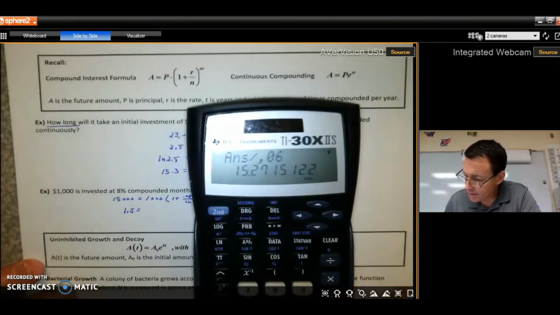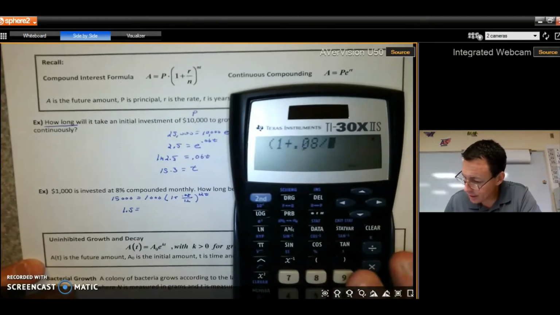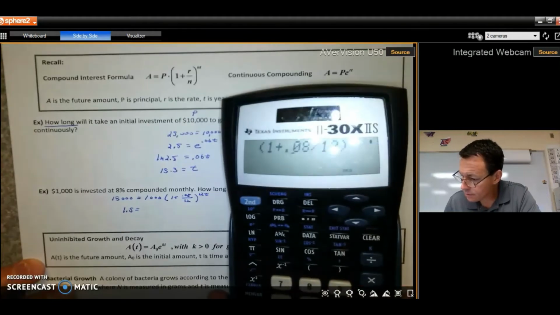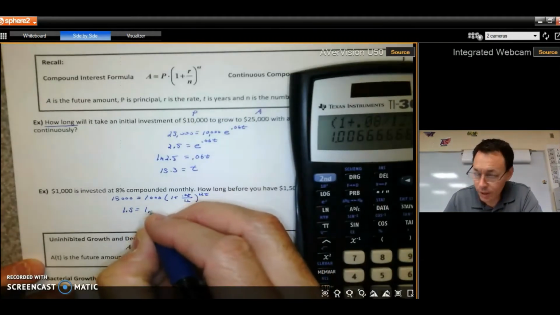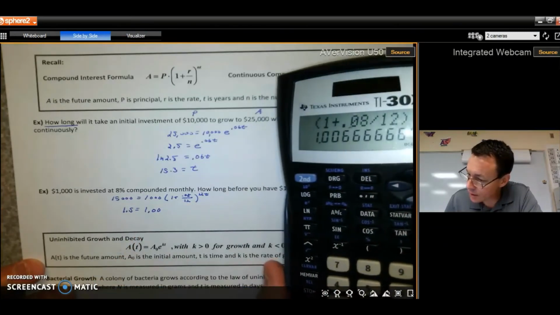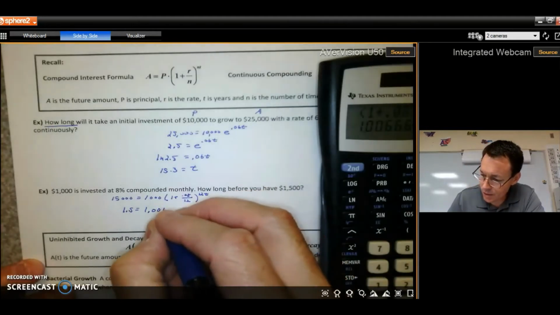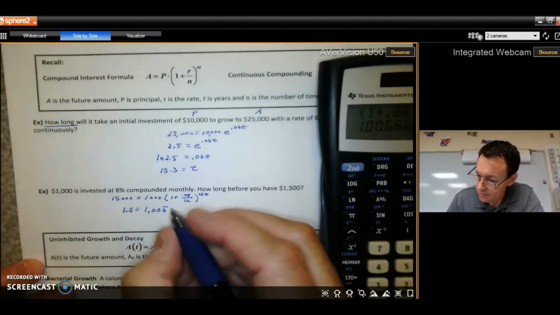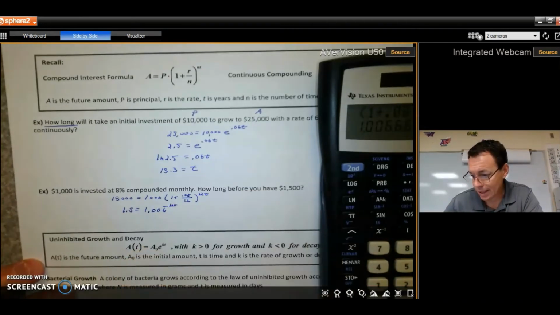Let's figure out what our base is. 1 plus 0.08 divided by 12 is 1.00, and it looks like 6 repeating, to the 12t power.